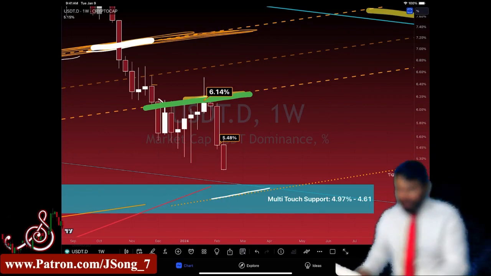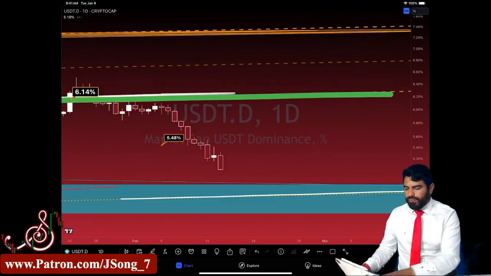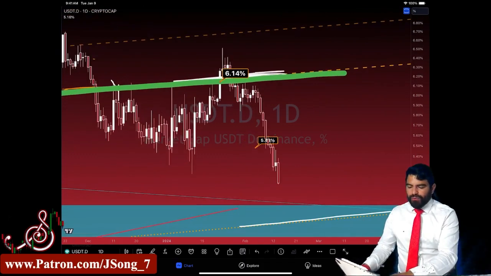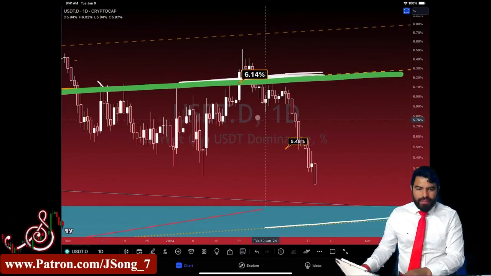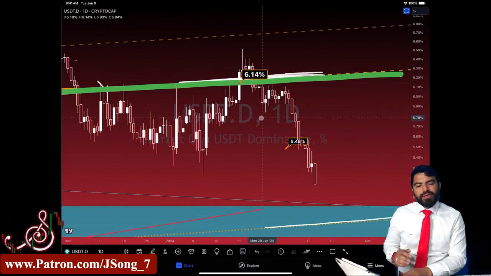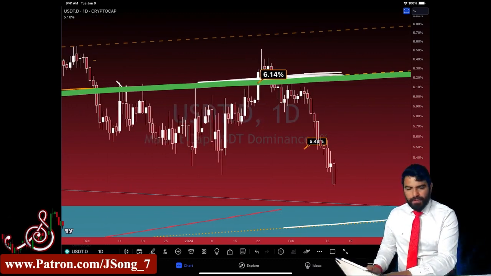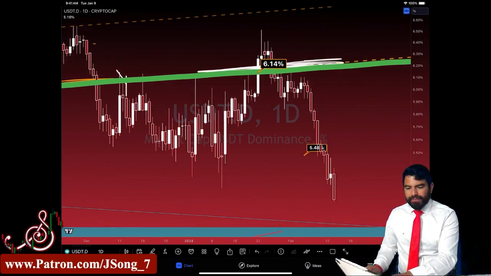All right. Let's look at this now on the daily chart. Okay? If we're going down on this chart, the up chart is the wrong direction. Okay, but there's a problem.